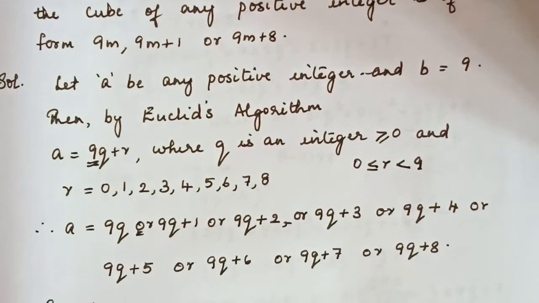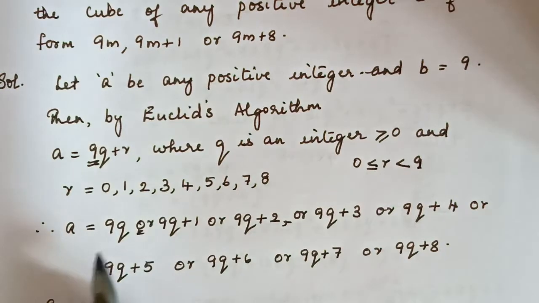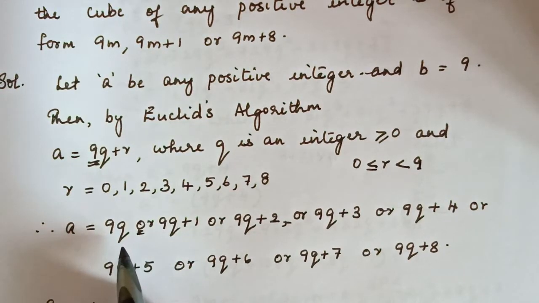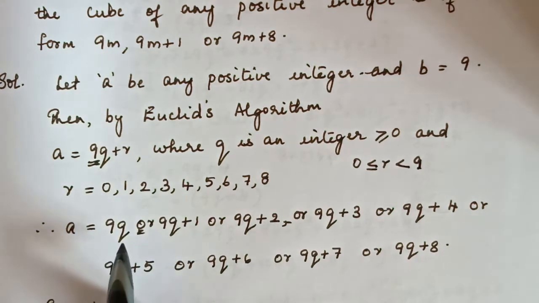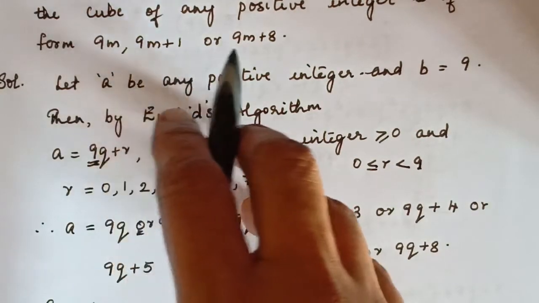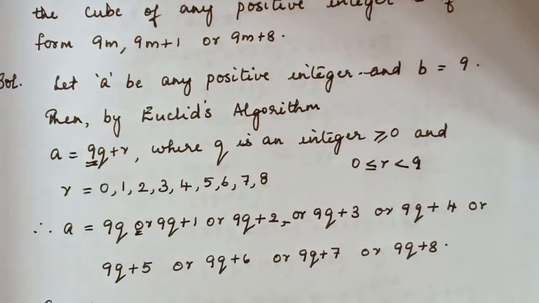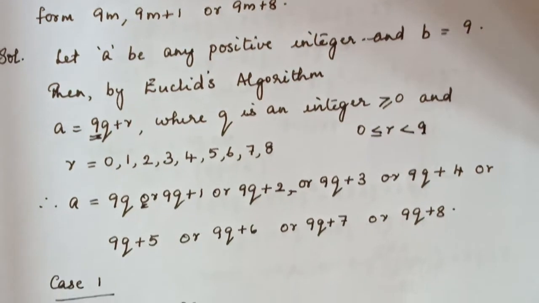Now what we have to do is, when a is equal to 9q, we have to prove that the cube of 9q will be of the form 9m or 9m plus 1 or 9m plus 8. So here we will take each case.